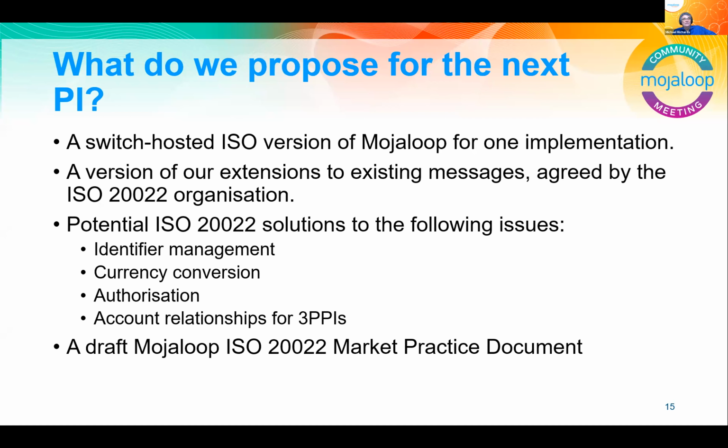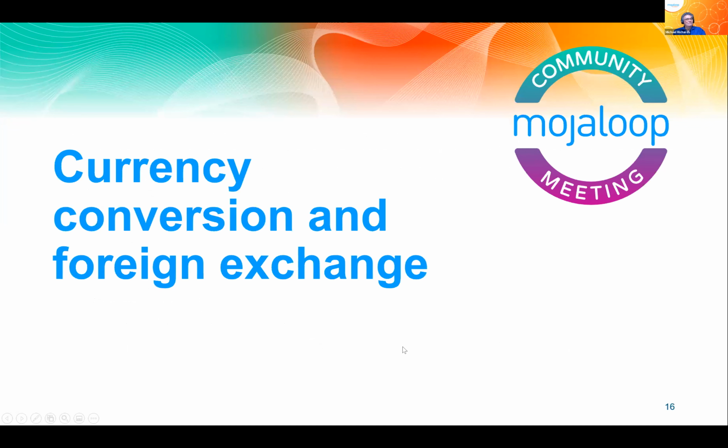We may need new elements in the ISO data model to cover them, or we may be able to use existing elements to create new messages and get those messages approved by the ISO 20022 organization. And finally, we expect to have a draft modular loop ISO 20022 market practice document, which we can brandish at the next convening as evidence that we haven't spent our entire time looking at interesting memes.